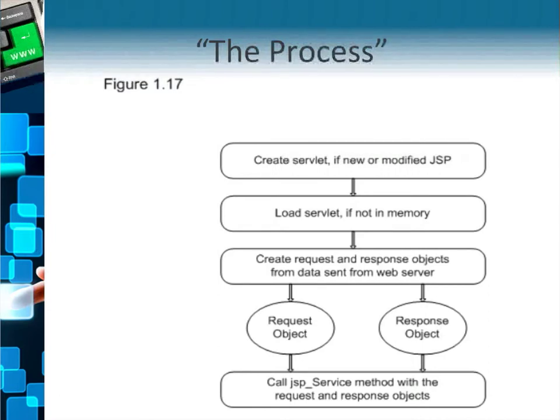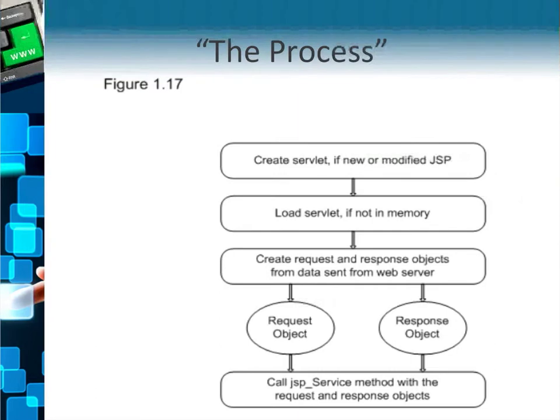I don't like to read from the book, but one part I think may help to understand is the servlet methods to handle requests, which is the last part in the figure. Generating the response is done in the JSP service method of the generated servlet. The method has two parameters, the request and the response.